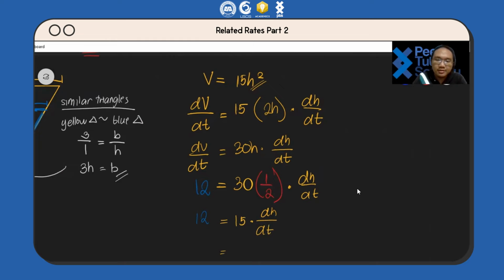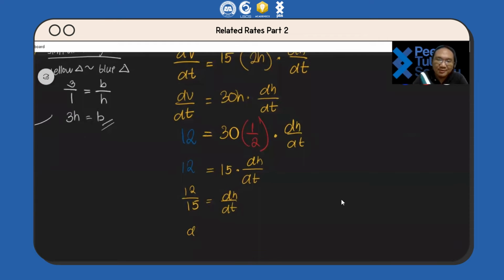So that means dh/dt is equal to 12 over 15. That is equal to, simplifying by dividing by 3, 4/5.